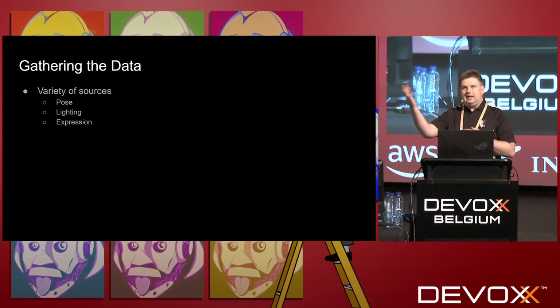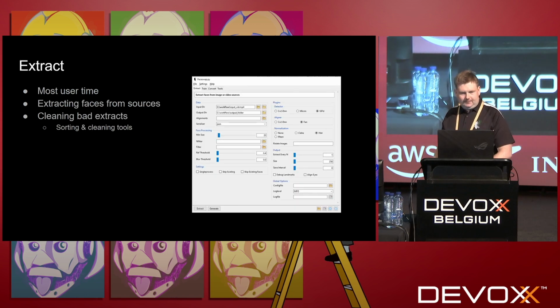Lighting would be shadow, color, different things about how light affects what your face looks like. And then expression would be different things like smiling, opening your mouth, closing your eyes, blinking, those sort of things. Anything that we as humans can use to make expressions, of course.